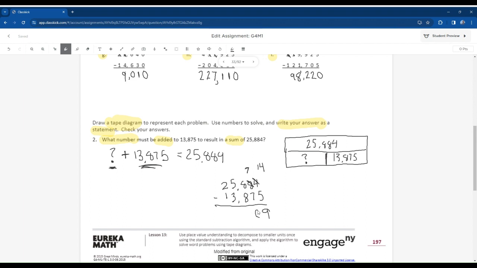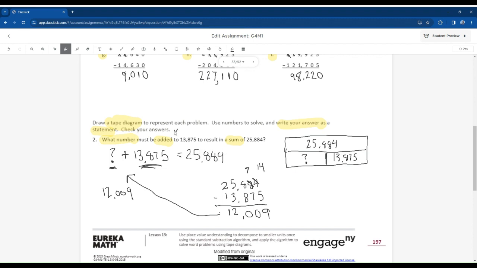7 minus 7 is 0. 8 minus 8 is 0. 5 minus 3 is 2. And 2 minus 1 is 1. So I should be able to plug in 12,009, add it to 13,875, and get 25,884.